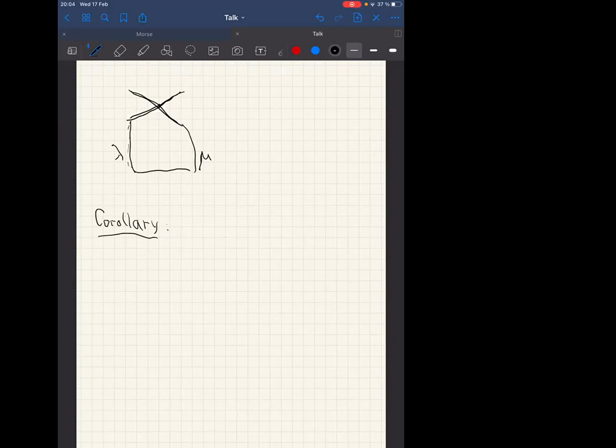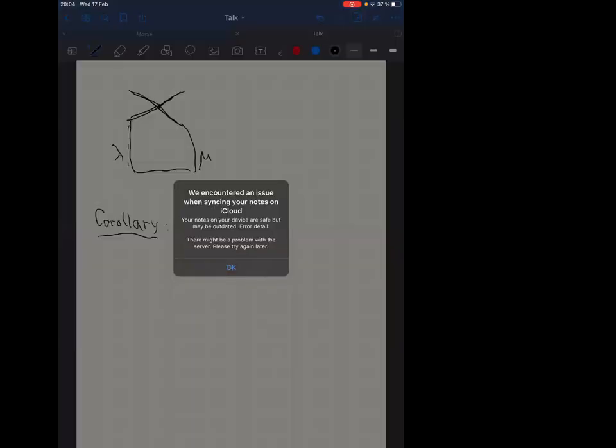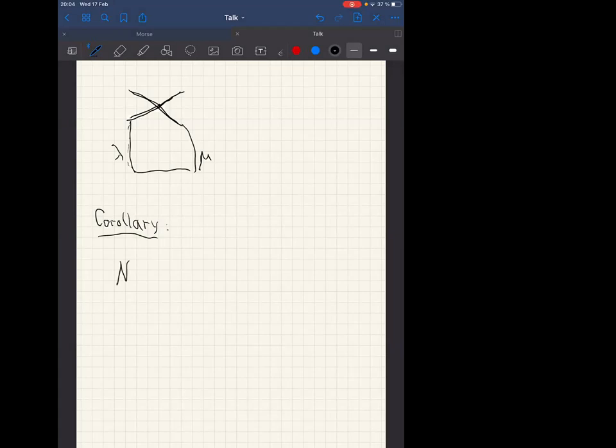So consider, say, a cylinder N times I, where N is a closed manifold, and consider a function that is a perturbation of the projection to I, depending on a parameter Q, such that its search diagram is compact and contained in the rectangle.